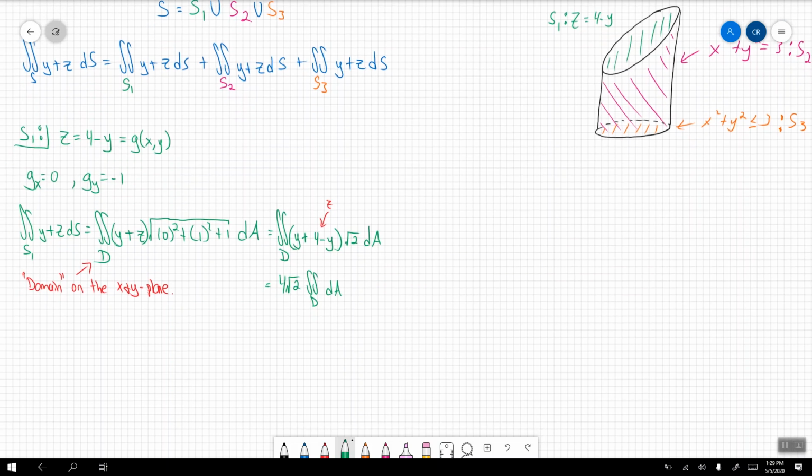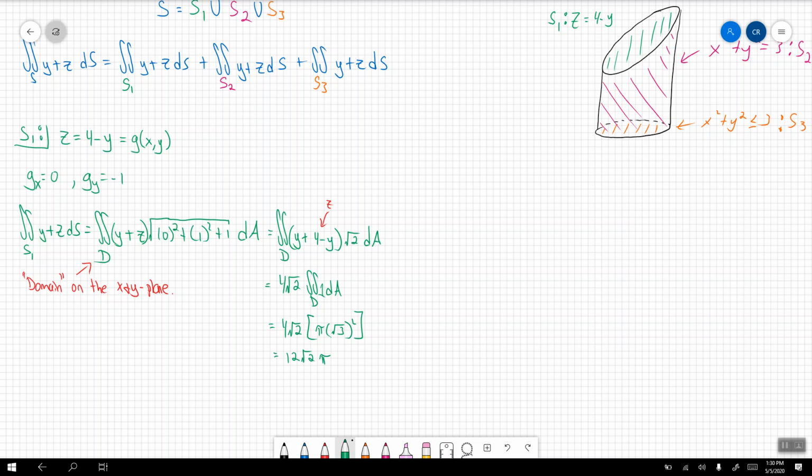However, it's just a circle, and an integral of 1 over it is just the area of the circle. So this is pi r squared. The radius is square root of 3, so pi r squared. Which then makes this 12 root 2 pi. Nice. So we get 12 root 2 pi for our first surface.